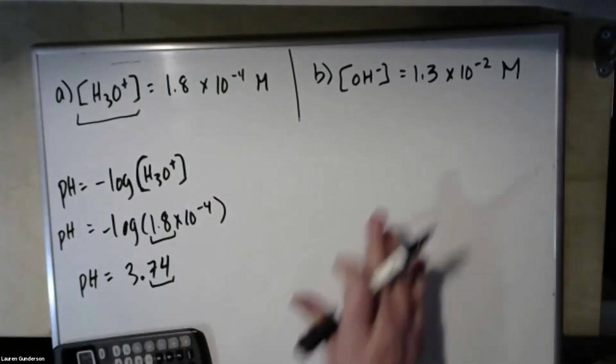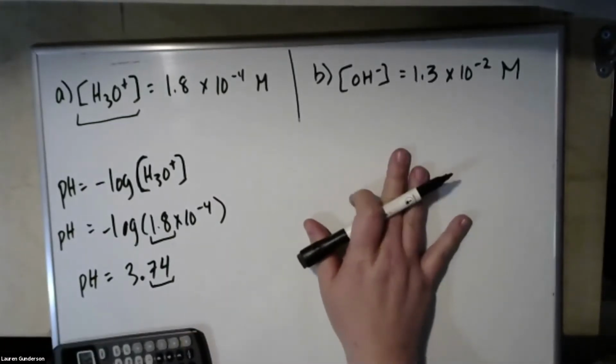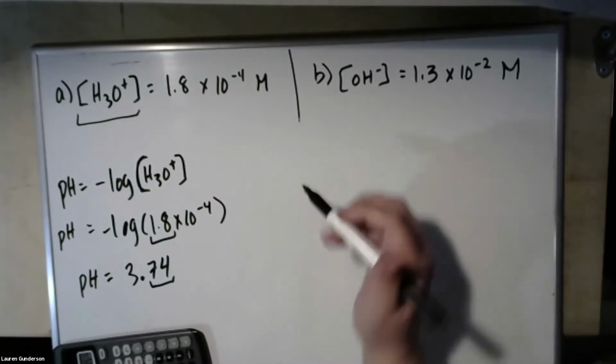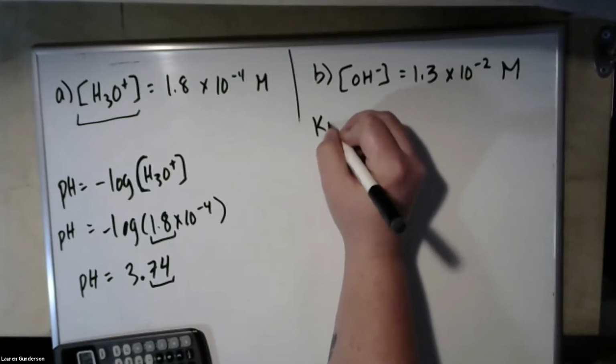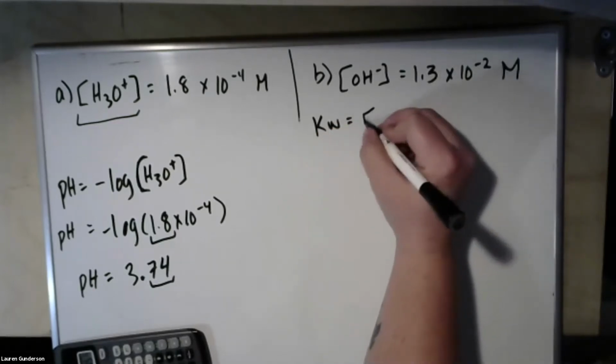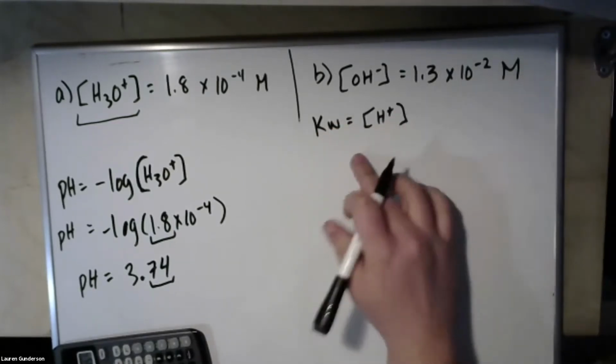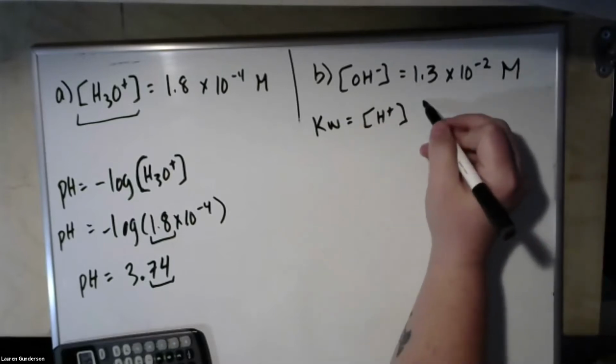All right. So for our next one, I'm going to show you both ways to calculate this. And you can do either way, it's perfectly fine. The first thing you can do is you can use your relationship with Kw to figure out what your hydrogen ion concentration is from this value.